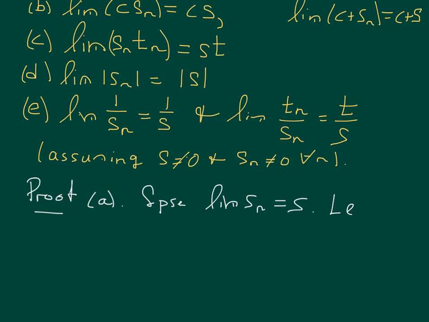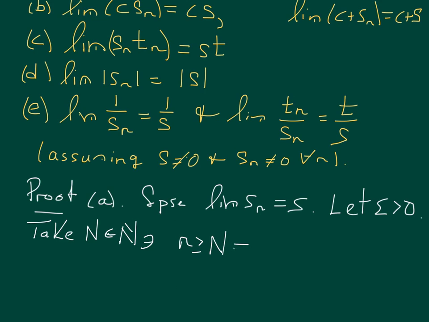Well, we let epsilon be bigger than 0, and then, because S_n has limit S, we know that we can find a positive integer capital N such that whenever little n is greater than or equal to capital N, the distance from S_n to S is less than epsilon.